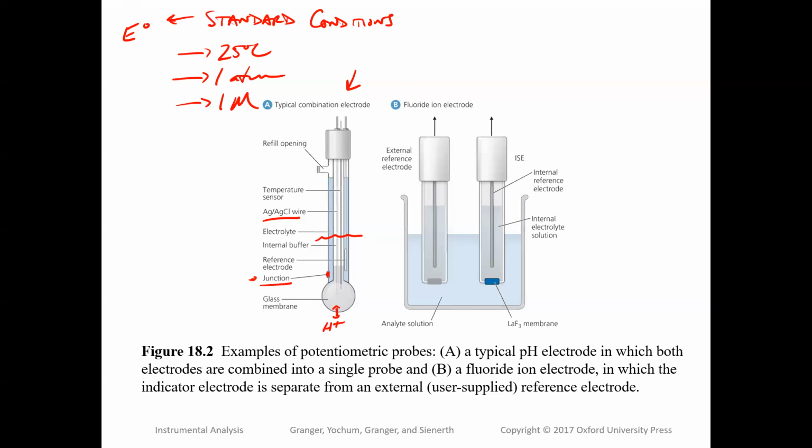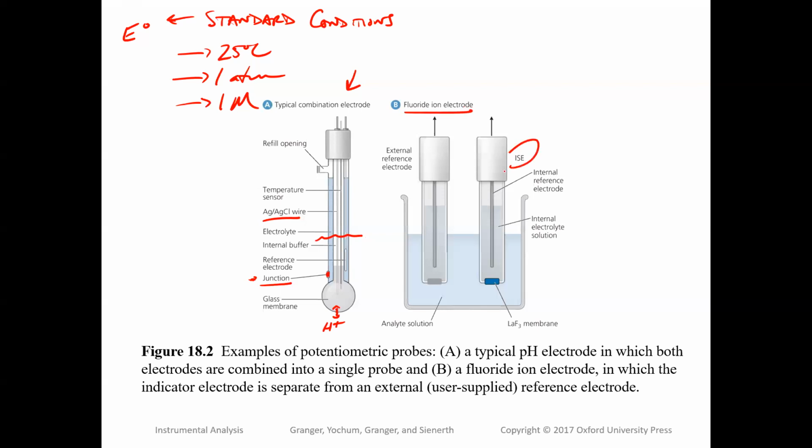And so if we know the concentration inside, we assume the pressure to be 1 atmosphere, and we assume the temperature to be, let's say, 20 degrees C, then we can work out what the concentration is on the other side of that probe and know something about the pH or whatever it is that we're interested in. Look, on the other side here, we've got a fluoride ion electrode.